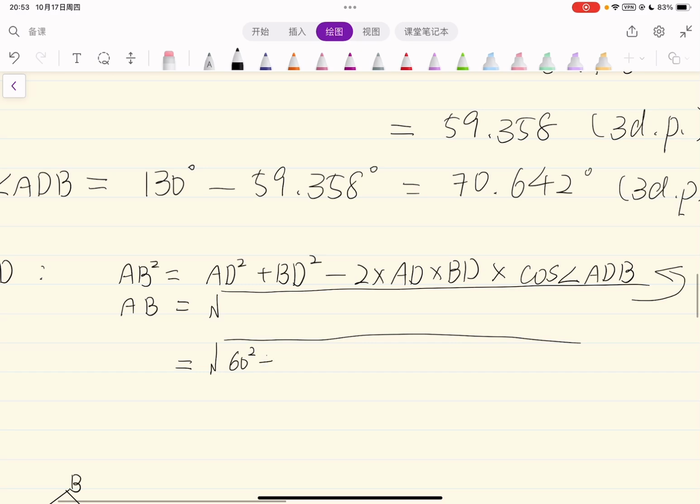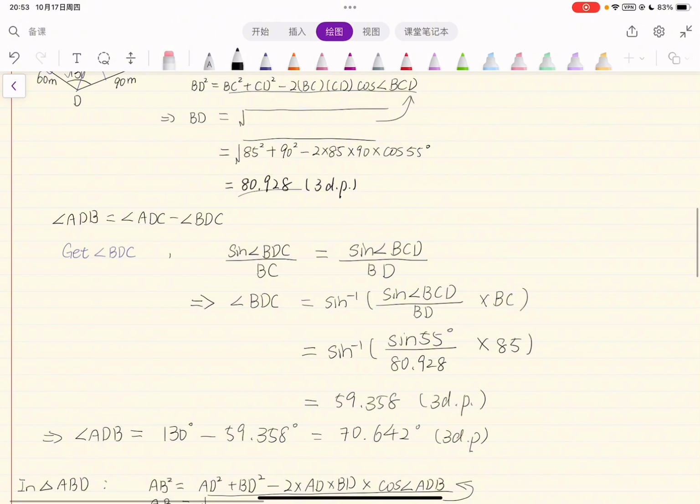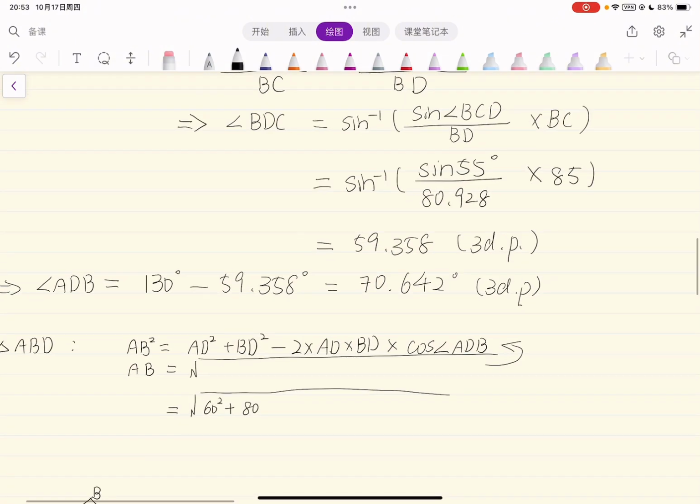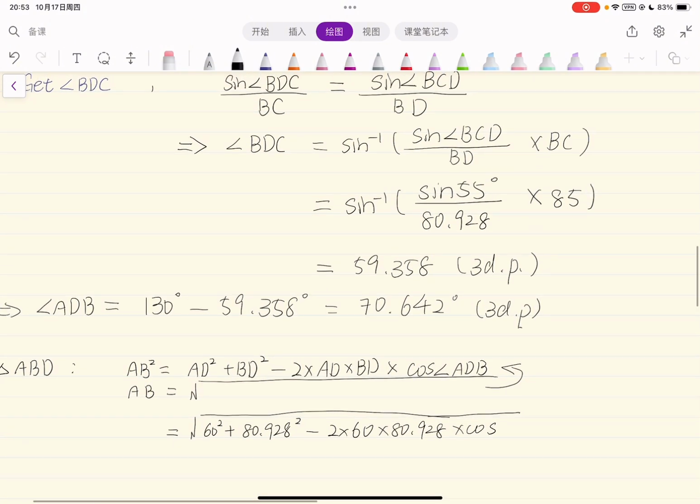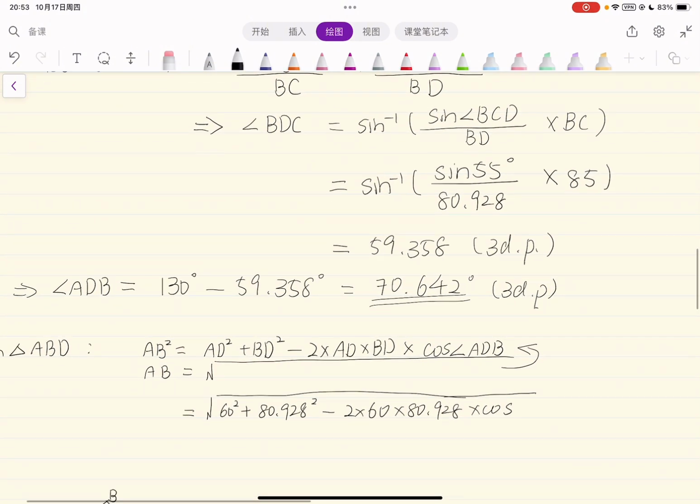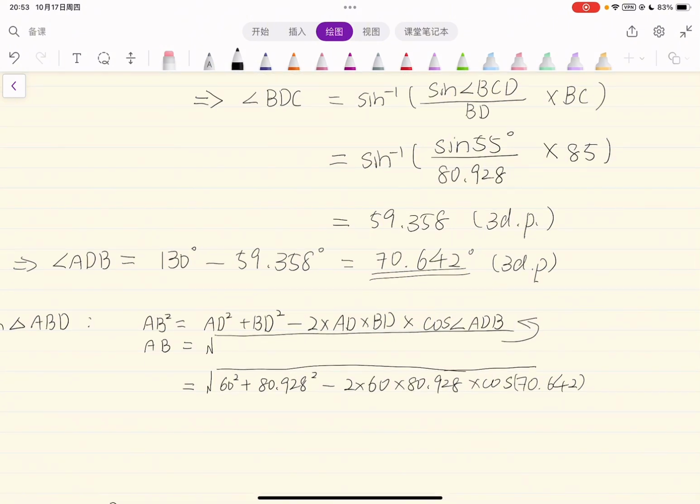And BD, that is plus 80.928 squared minus 2 times 60 times 80.928 times cosine the angle ADB, which is here, 70.642. That equals 83.2 to 3 significant figures.